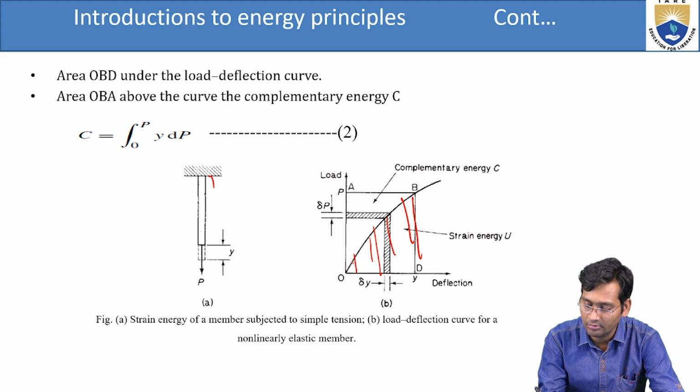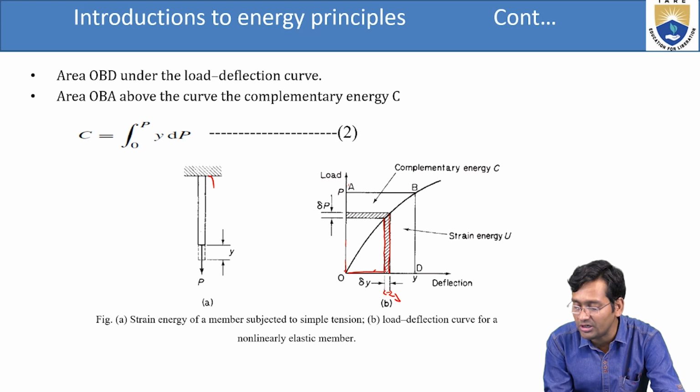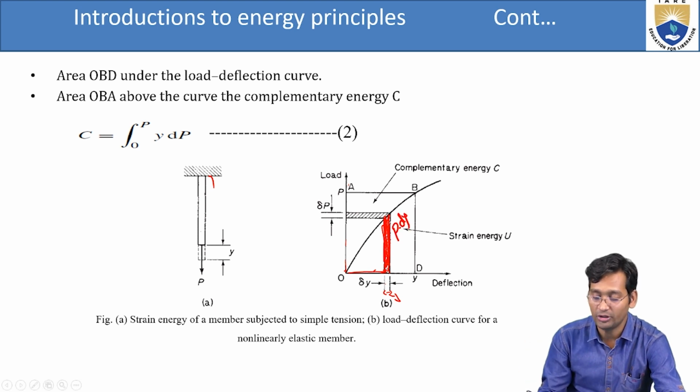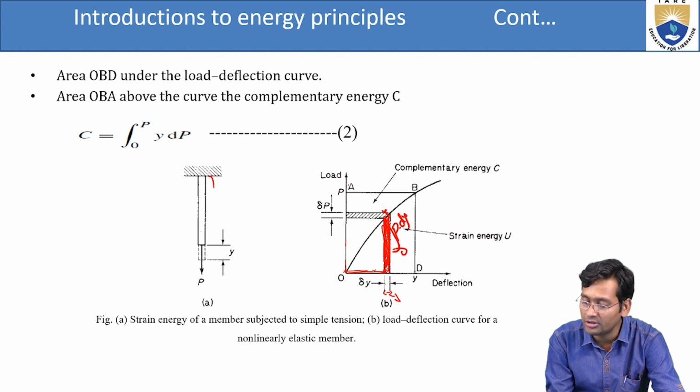For this part, here is the rectangular strip we are taking, having the length delta y, and this is P. So P into delta y will be the energy stored in this strip, that is P into delta y or dy. Once we integrate from 0 to y, we will get whatever energy is stored inside this.